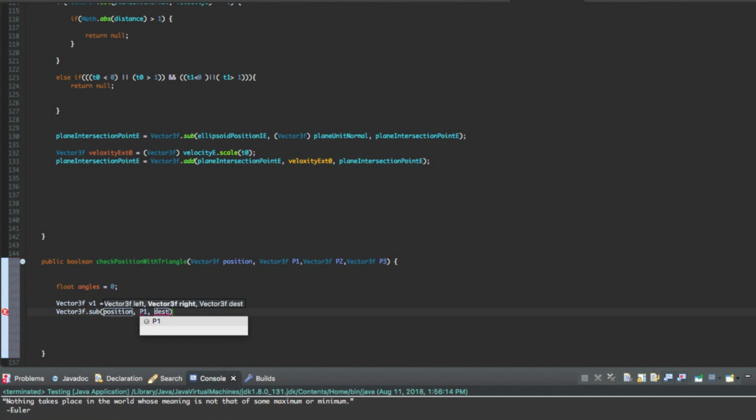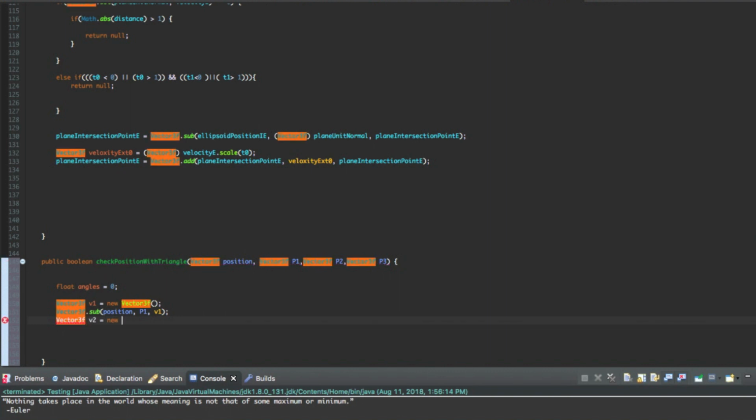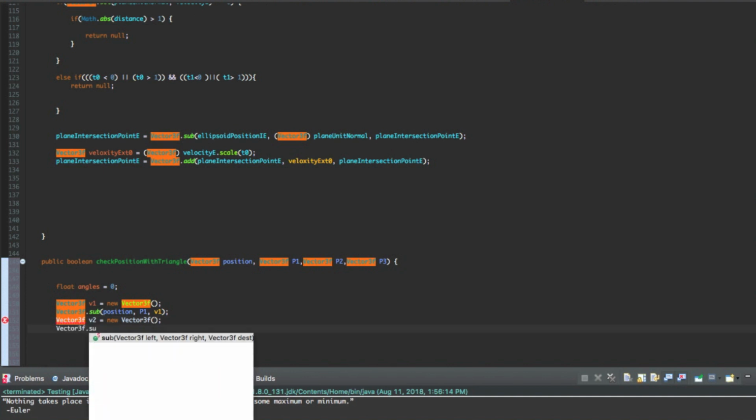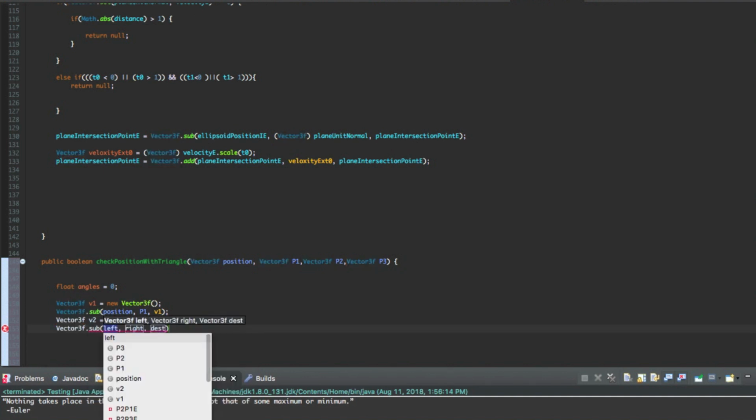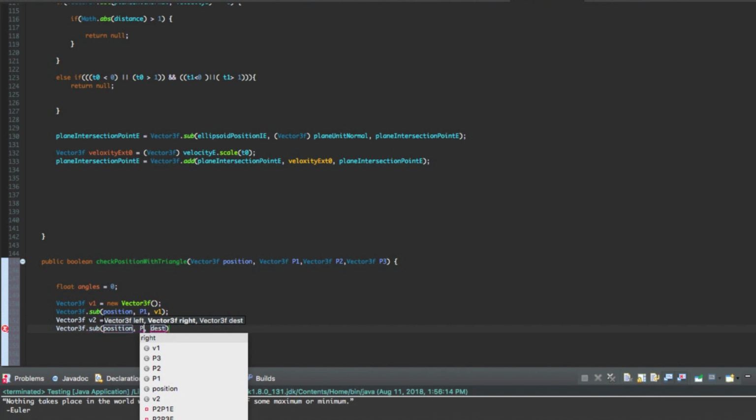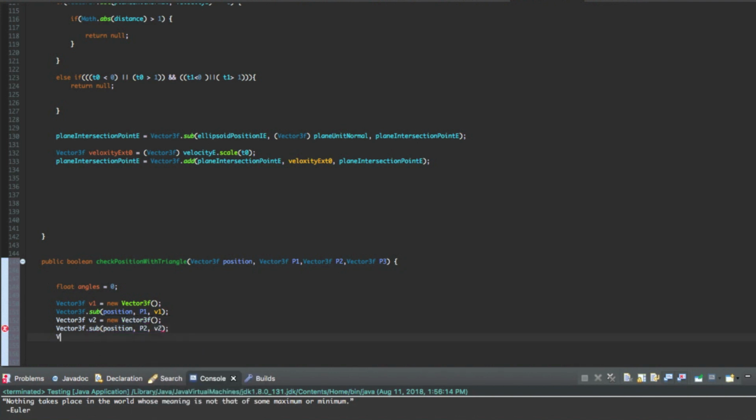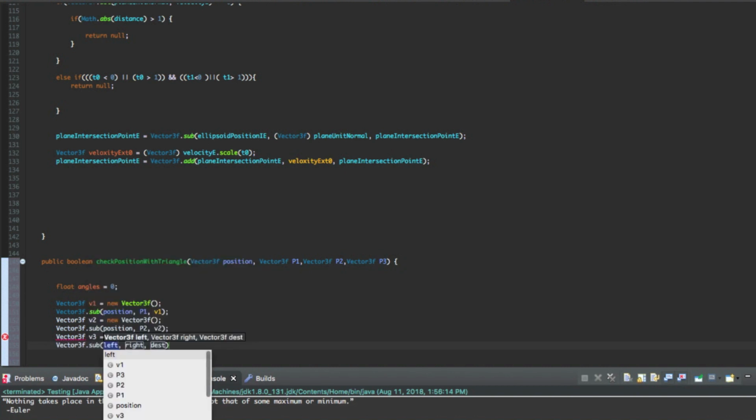We'll subtract p1 from that and set it into vector 1. And we're going to do that same thing for each of the triangle's points, creating vectors between them and the intersection position. So P2 is position minus P2 stored in V2, and V3 will do the exact same thing, except we will say P3.